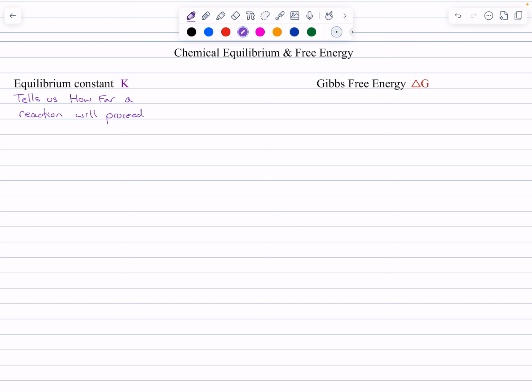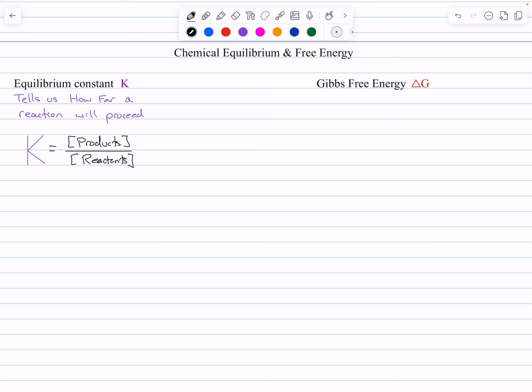K is equal to the concentration of products all over the concentration of the reactants. So that's what K does.